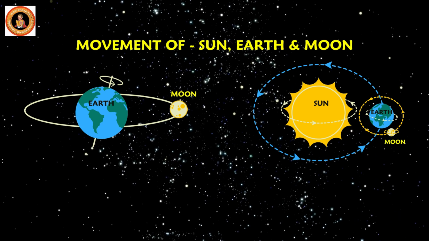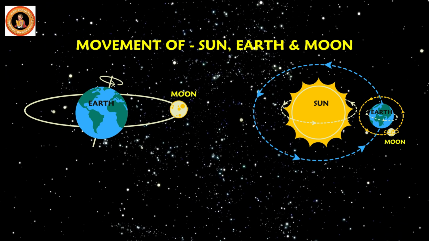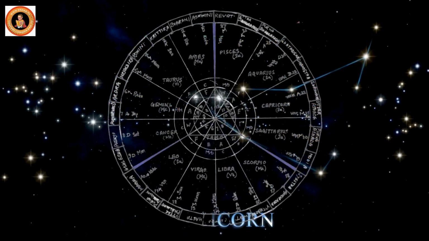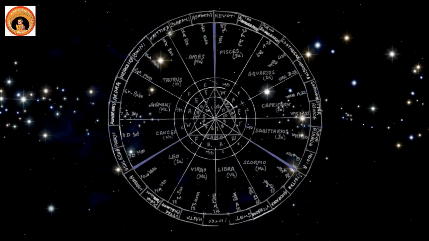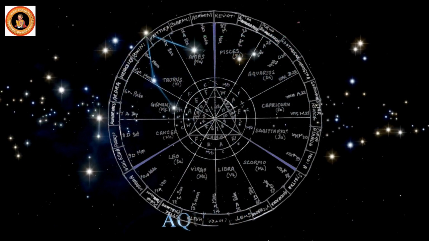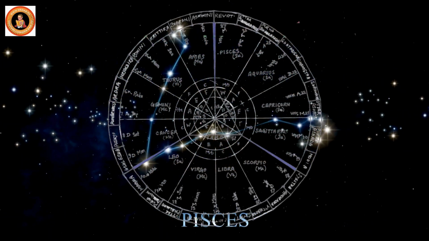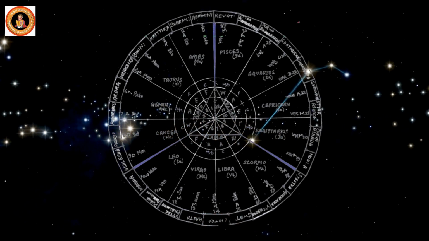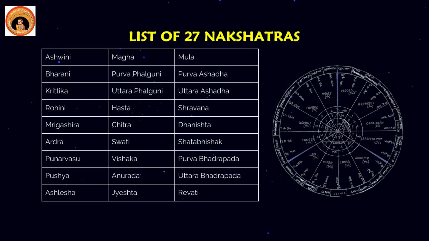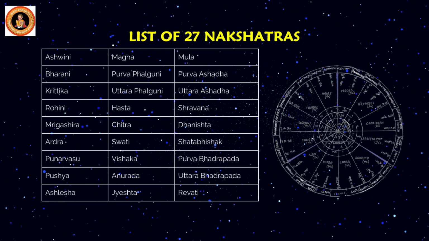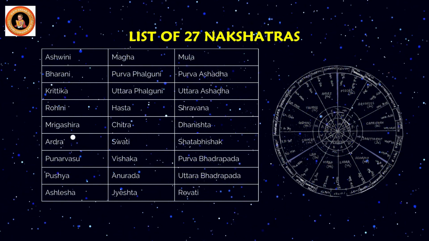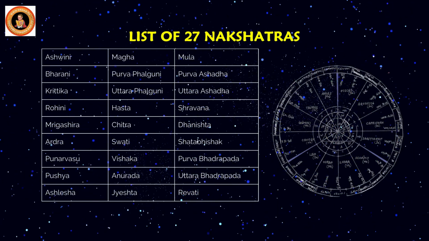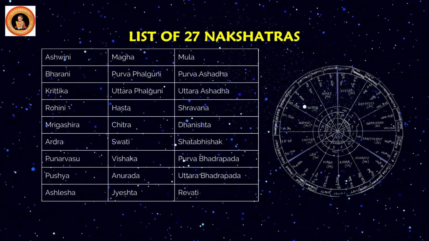This ecliptic celestial sphere is divided into 27 nakshatras or 27 constellations. The nakshatras or constellations are groups of prominent stars. The constellation cannot be seen in the bright sunlight, but it is indeed present behind the sun. The names of the 27 nakshatras in order are as shown on the screen.